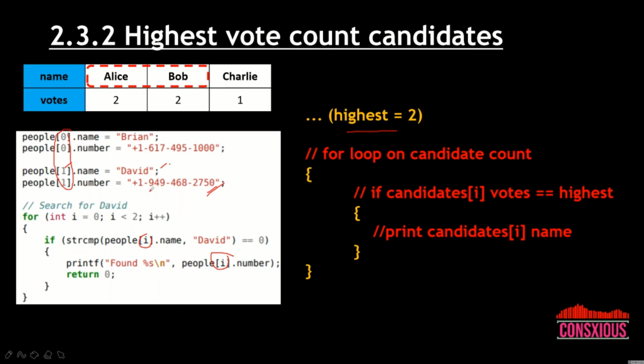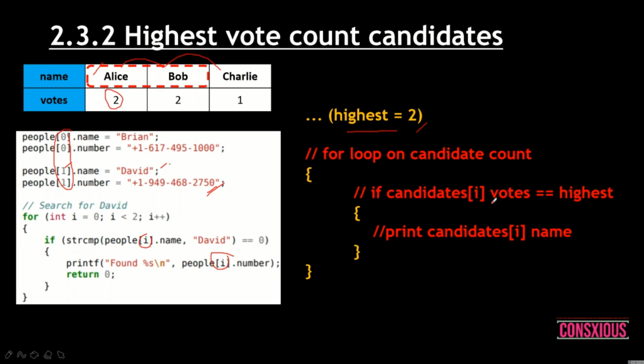The same concept here, once we found the highest value, we'll just do a for loop on the candidate. Then if the candidate's vote is equal to the highest, for example, Alice's vote is 2. That's why we'll print Alice out.